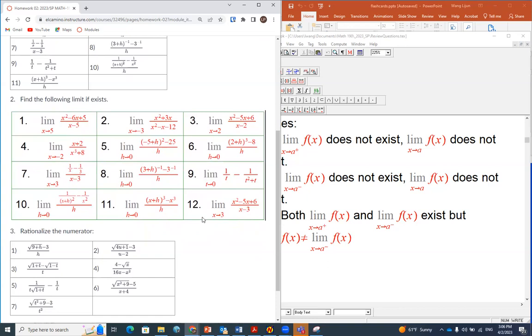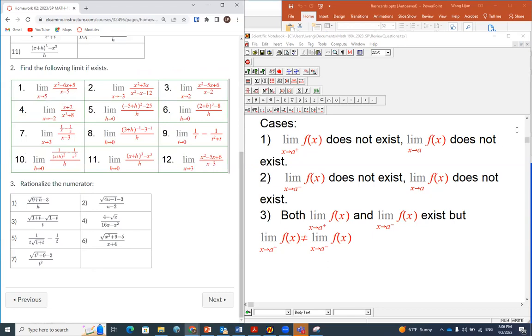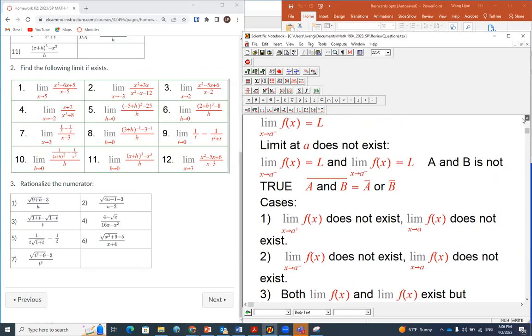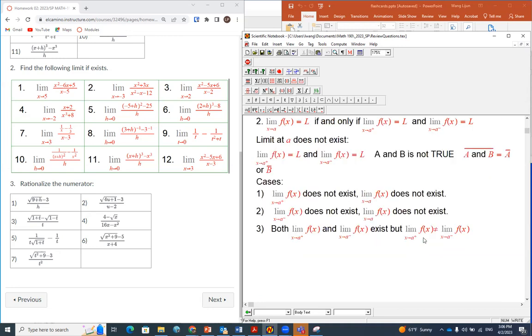In fact, all of these limits exist, and then you can infer that if these limits exist, then the limit from left and the limit from right are the same. That is the situation where the limit exists, and the limit from left and limit from right both exist. So let me make the font a bit smaller. Okay, that should be clear enough.